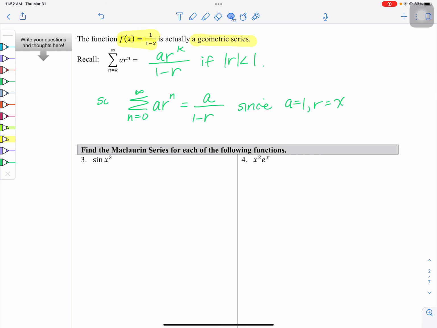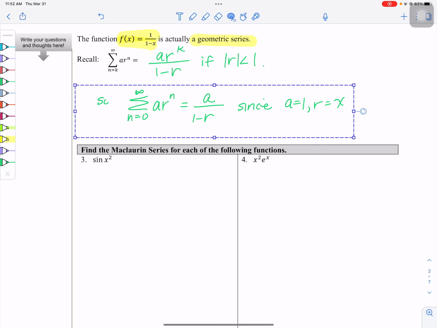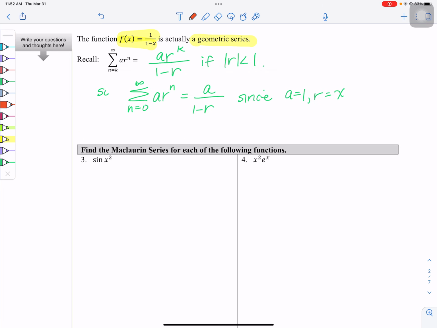We could write that 1 over 1 minus x is equal to the sum of x to the n from n equals 0 to infinity, and that's just 1 plus x plus x squared plus x cubed, and so forth.